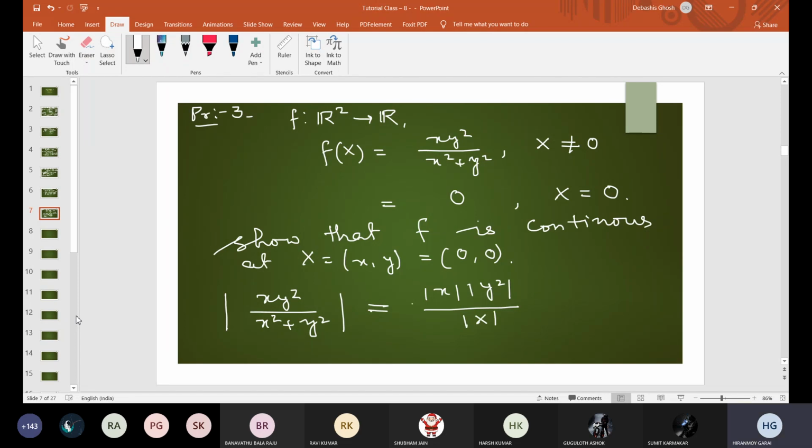Now this is less than or equal to mod x cube by mod x square, which comes to mod x. So if you take mod x less than epsilon, we can have the points which are very close to the origin, and in this case we can take epsilon equal to delta. That shows the function is continuous at the origin.